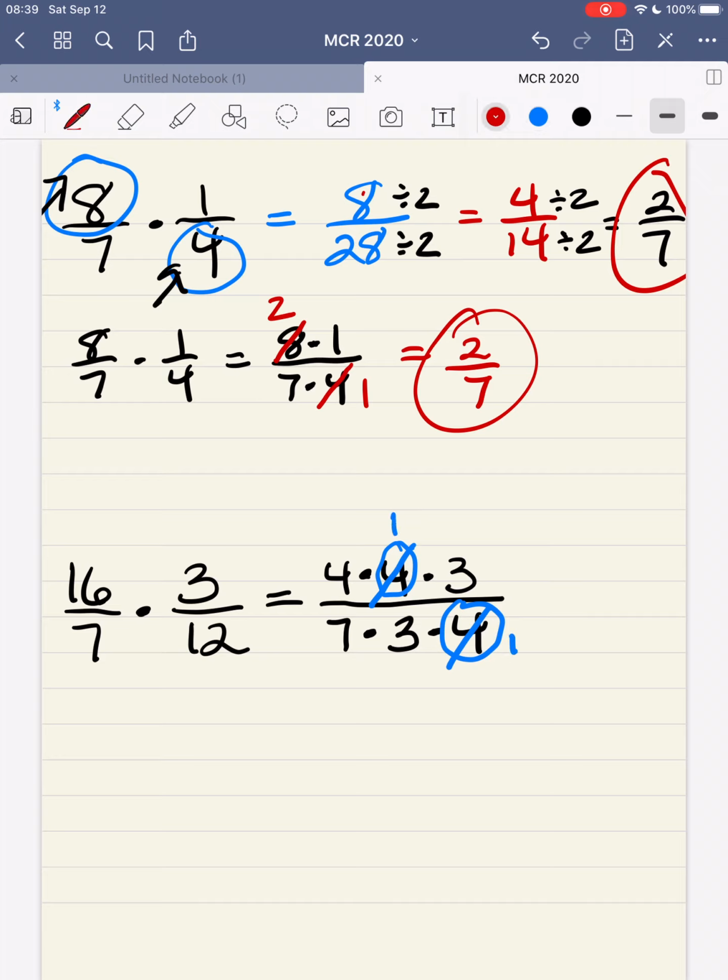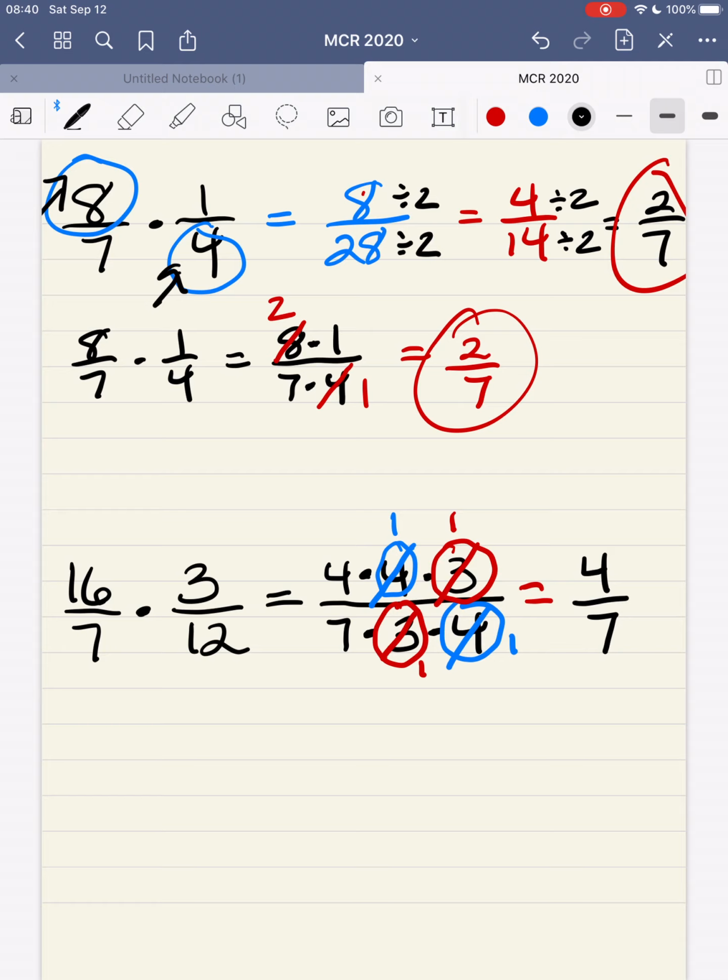And then if I go ahead and look at the 3, I have 1 in the top and 1 in the bottom. Those go ahead and cancel straight out and become 1s. So basically all that's left on the top is 4 times 1 times 1, which is just 4. And 7 times 1 times 1, which is 7. And I end up with 4 over 7.